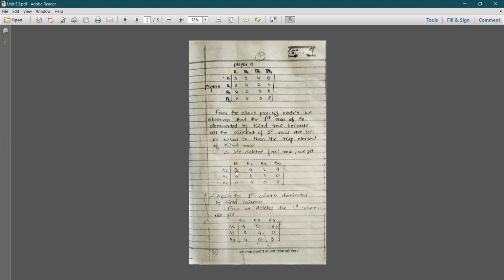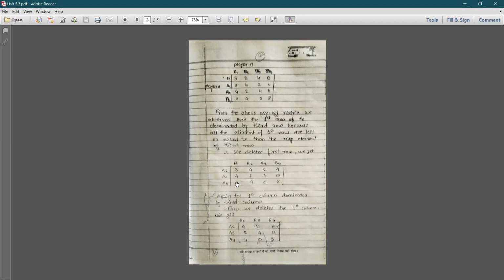First row is deleted and then A2 के एलिमेंट है 3 4 2 4, A3 के 4 2 4 0 और A4 के है 0 4 0 8. Here again we see that the first column is dominated by third column. First column का पहला एलिमेंट है 3, ये 2 से ग्रेटर है, 4 इक्वल टू है और ये 0 0 इक्वल है.